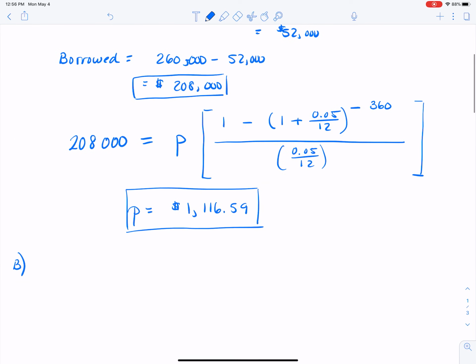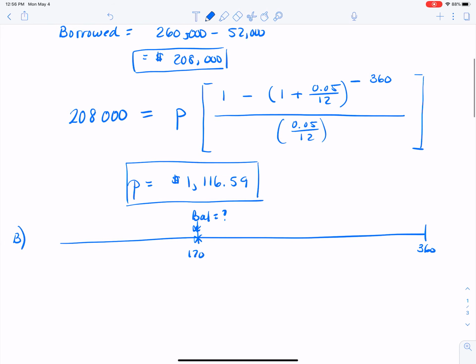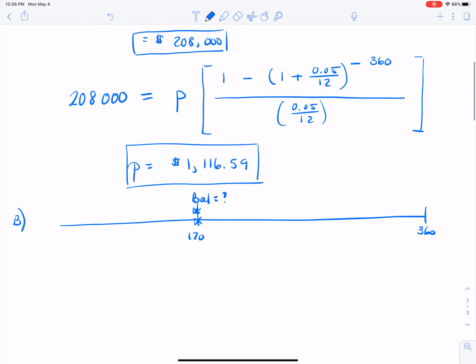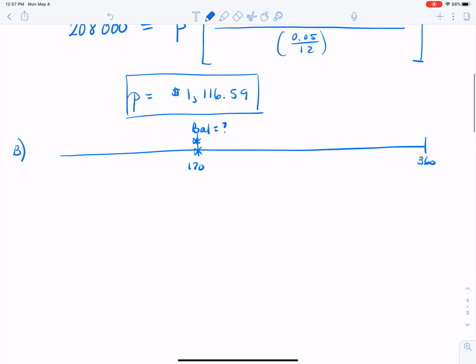So there again, we have to kind of visualize what's happening. You might remember, if this is payment number 120 and we have 360, we want to know the balance here. And that is equivalent to saying, well, now that I know what payment I'm making, what is the balance that all those payments of $1,116.59 would pay off?